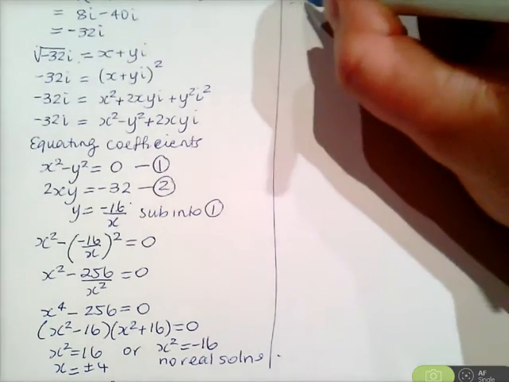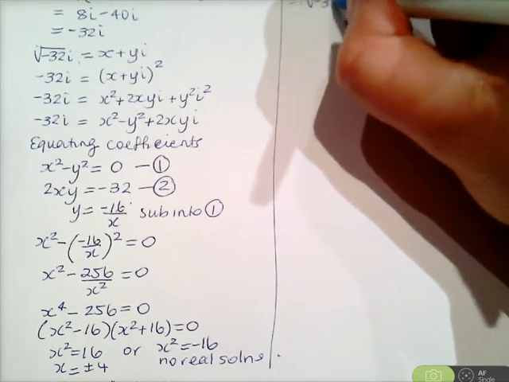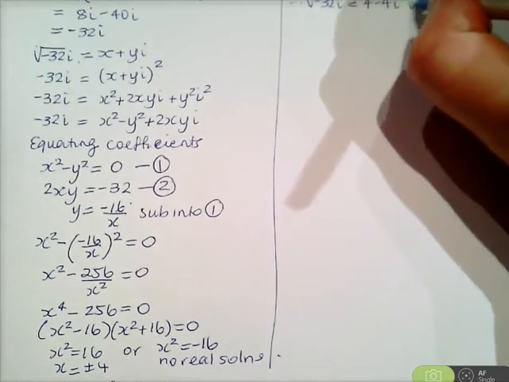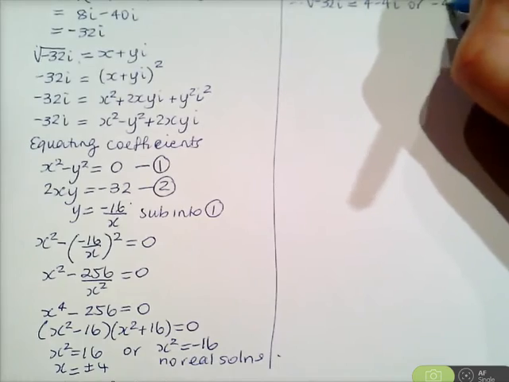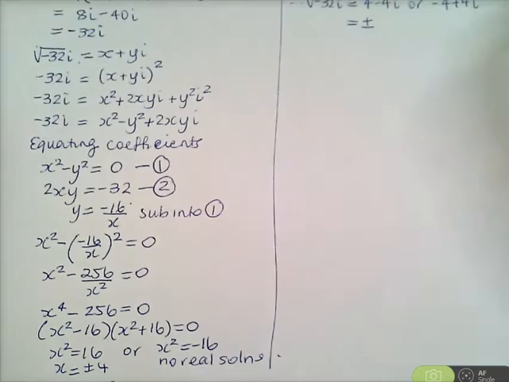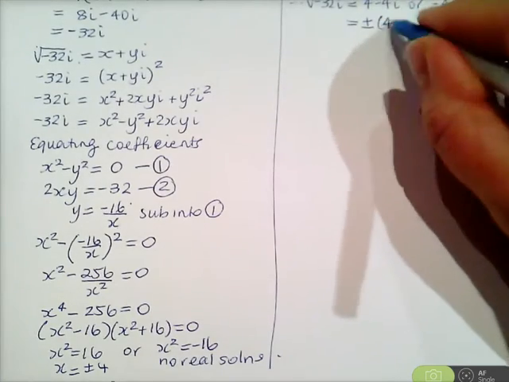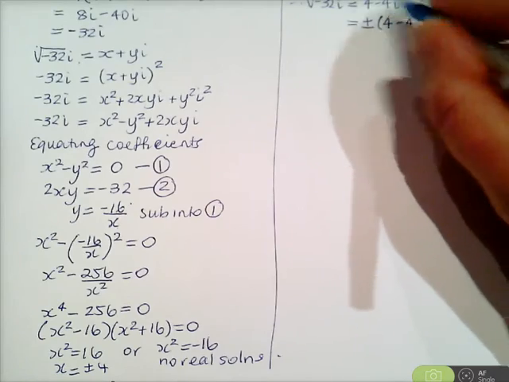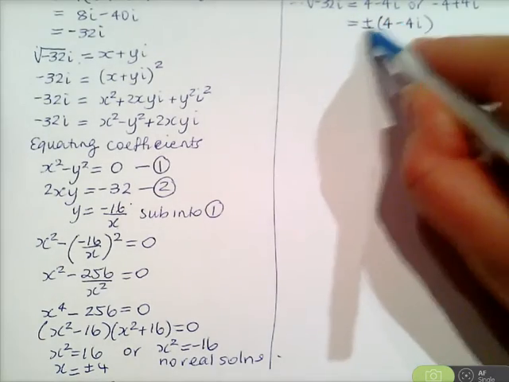And so therefore, the square root of negative 32i is equal to 4 minus 4i, or minus 4 plus 4i. Remember, we need to write it as a plus or minus. You'd have a minus here because we've got plus 4 minus 4i, which is that one, minus 4 plus 4i, which is that one.